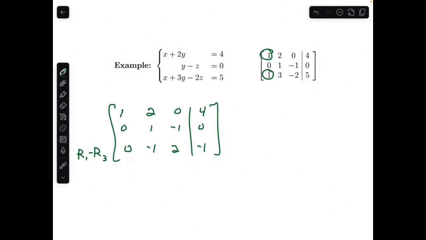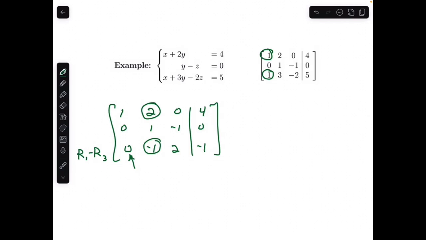Now I need to get a 0 here. And I'm going to use the number that's right above it. So I'm going to use this number here to get a 0 right here. So I have to use the second row in order to do that. If I try to use the top row, if I try to use the 2 to make this a 0, then it's going to mess up this 0.